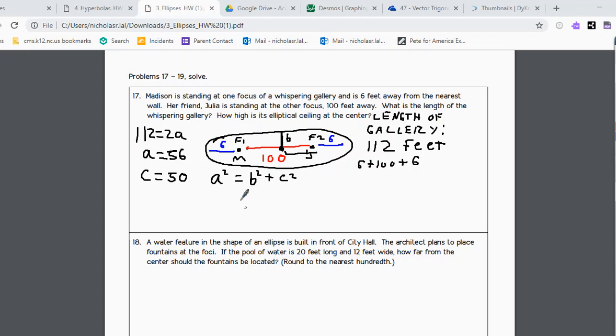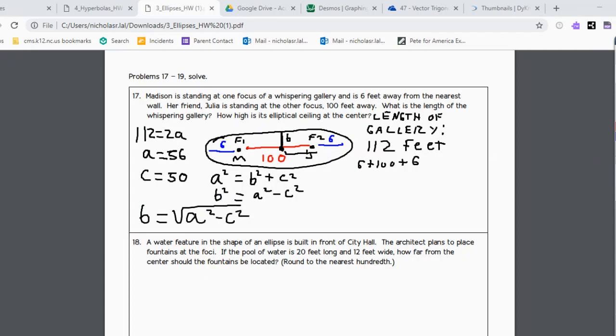Either way, B squared, which we were trying to solve, is equal to A squared minus C squared. So if we're solving for B, B is equal to the square root of A squared minus C squared.